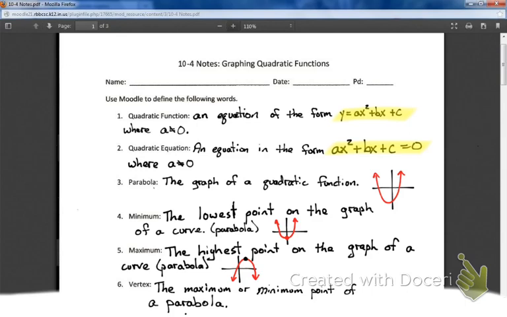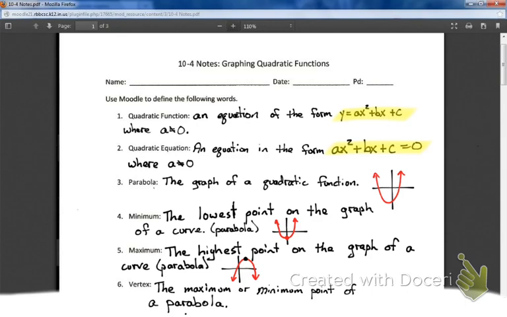It's a function if you don't know what that y value is. It's an equation once you've filled in that y with a number and then made the equation equal to 0. So in other words, if y was 5, then you subtract 5 on both sides to make it equal to 0, and now it's a quadratic equation.